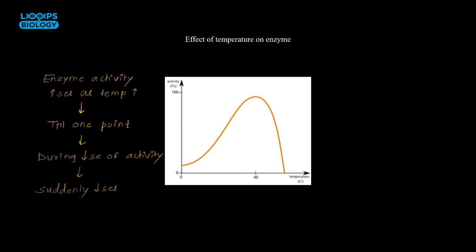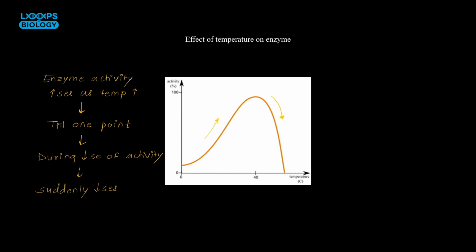Thup. So whenever the enzymes are showing their activity, they are gradually increasing it as the temperature is increasing, while beyond a certain temperature, the enzyme activity will fall swiftly.